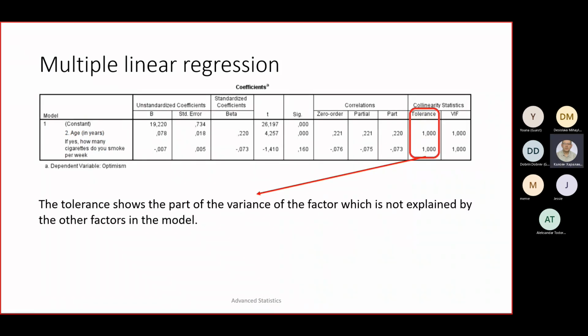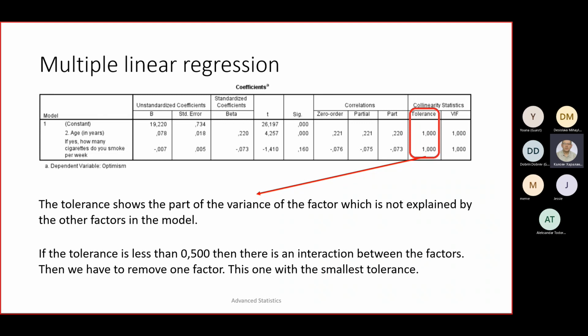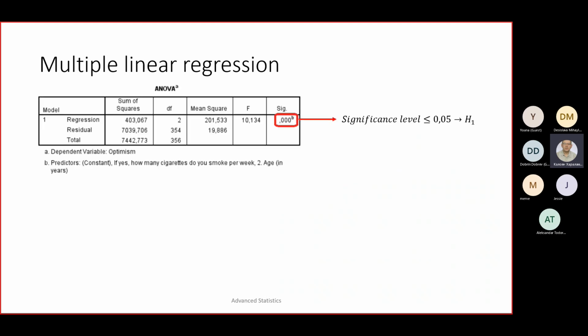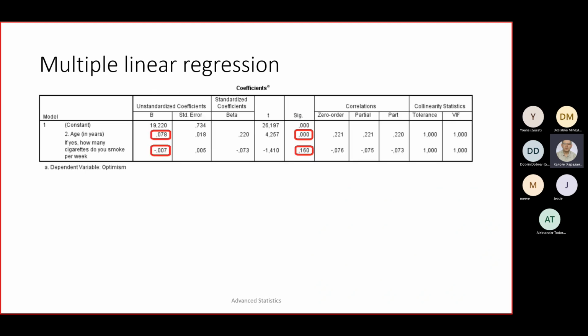So here is the explanation of the tolerance, of the coefficients of tolerance. After that, this is model adequacy.